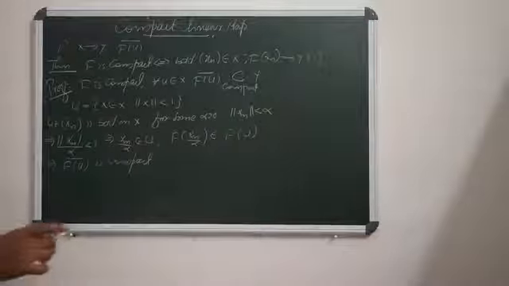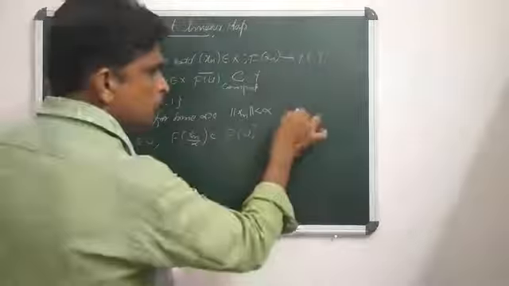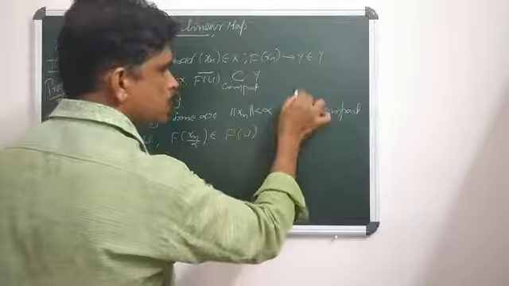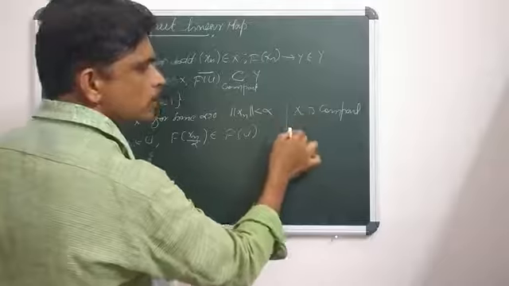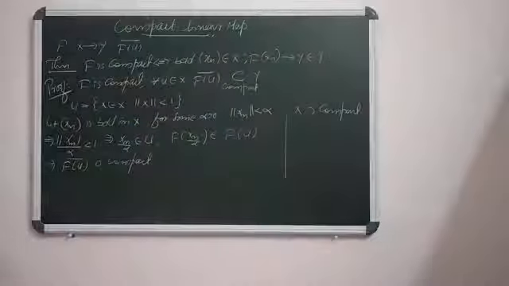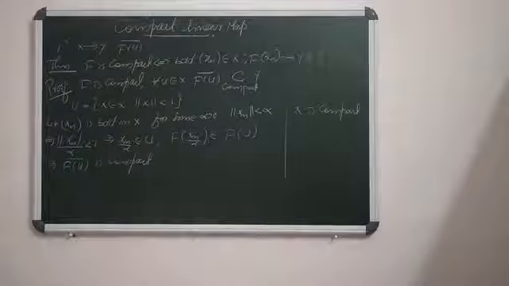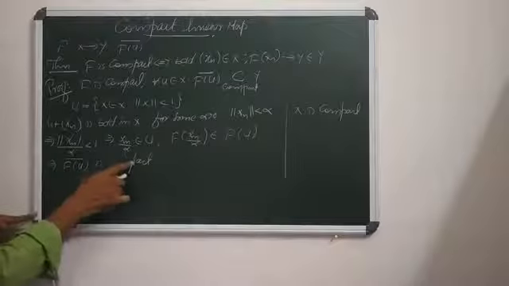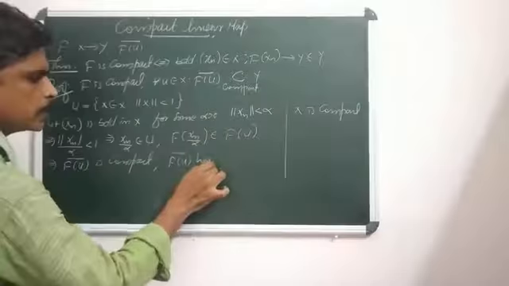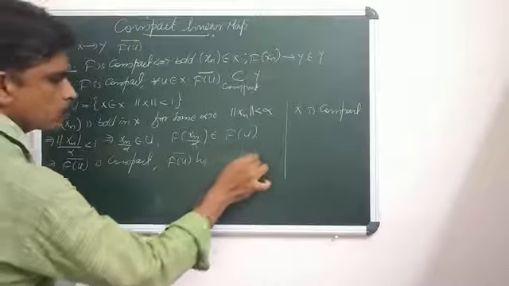Moreover, we have a familiar result: if X is compact, then every sequence in X has a convergent subsequence. According to that argument, f of U closure is compact, so f of U closure has a convergent subsequence.